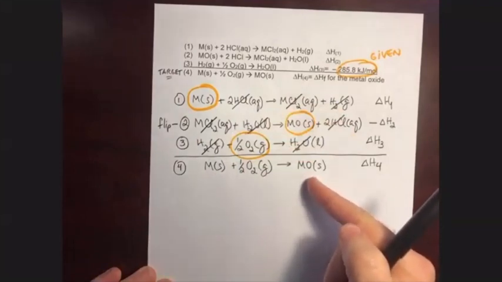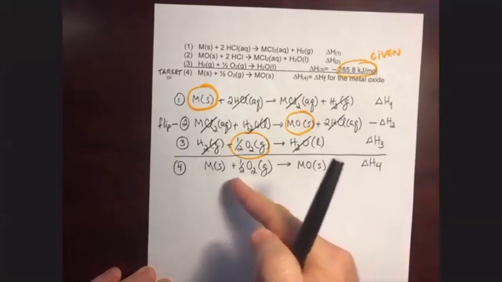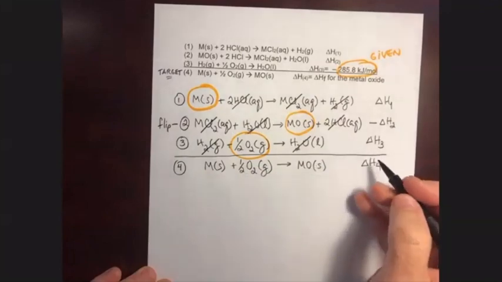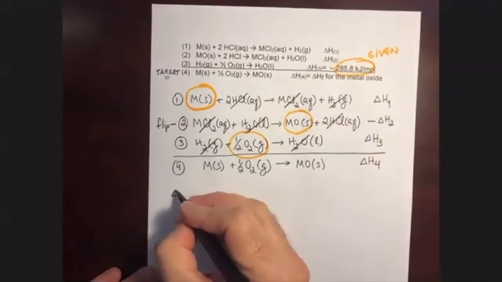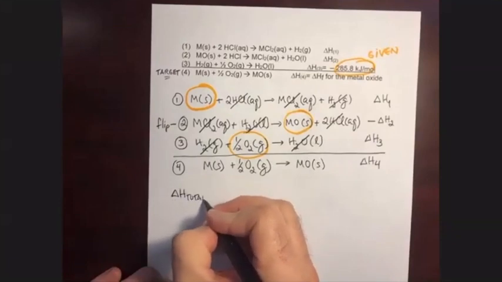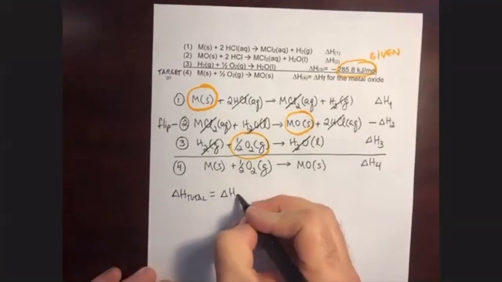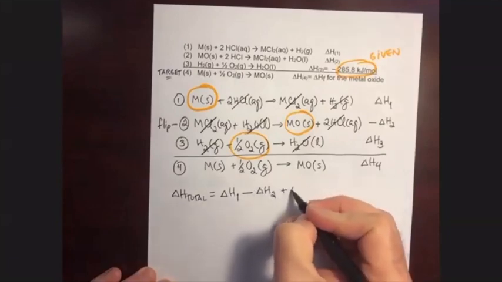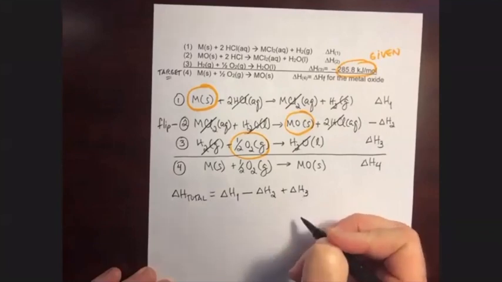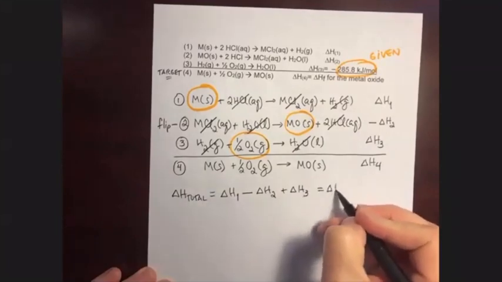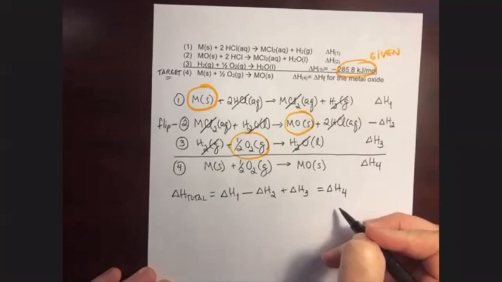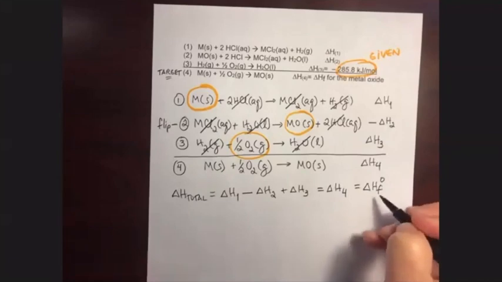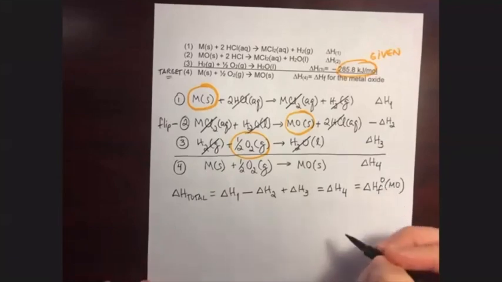It doesn't mean the reaction happens that way, but it doesn't matter as long as we have the correct reactants and the correct product. So what we're going to do then is add up the enthalpies. The total enthalpy of this process would be delta H1 minus delta H2 plus delta H3. This is going to be delta H4, which by definition is the heat of formation of our metal oxide.